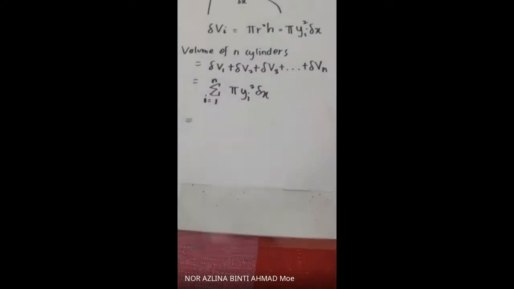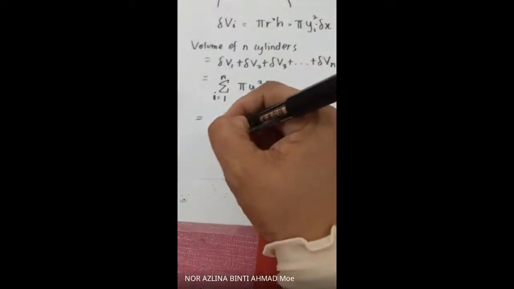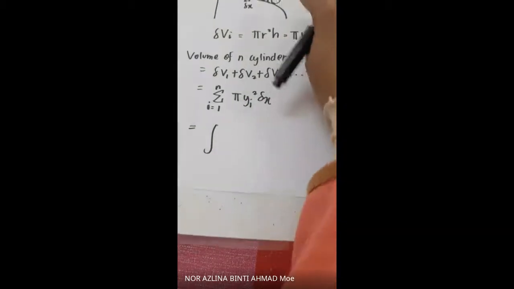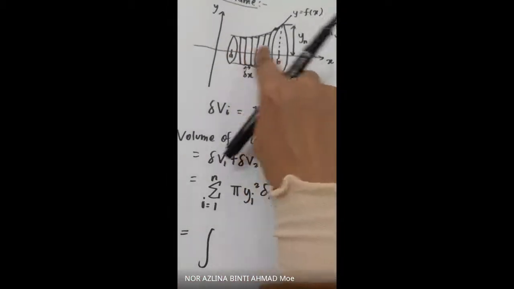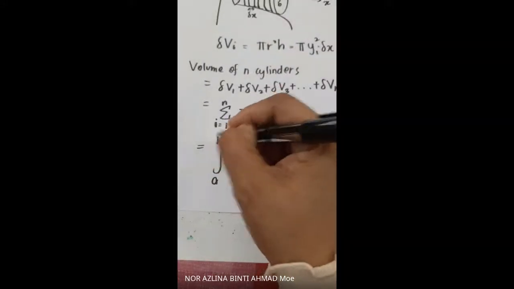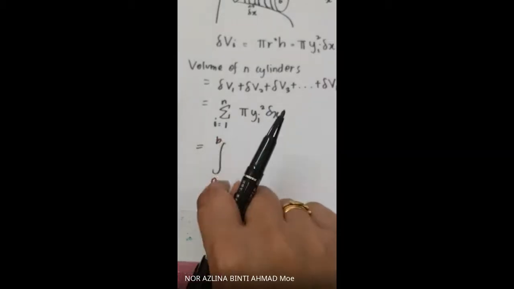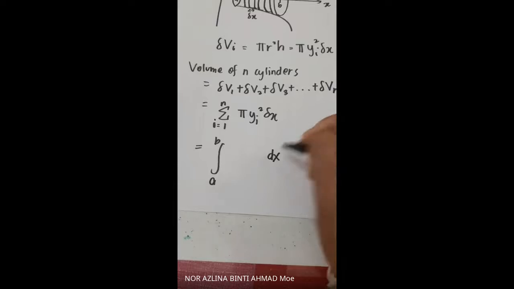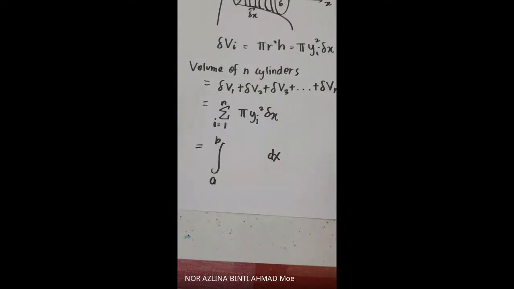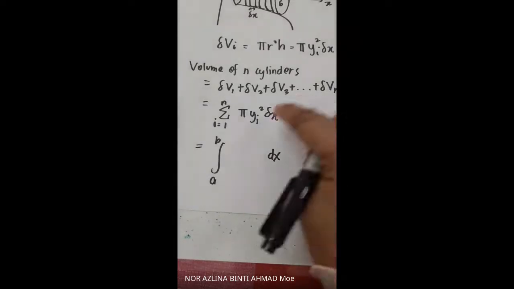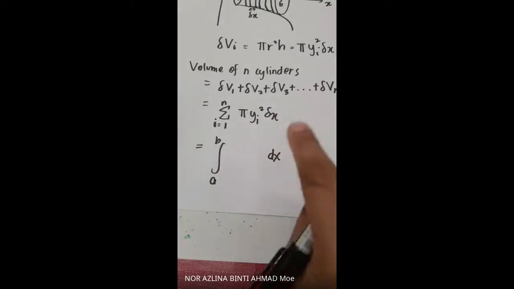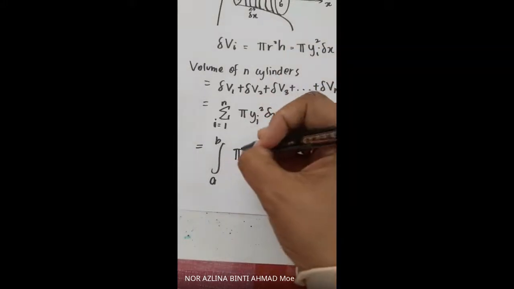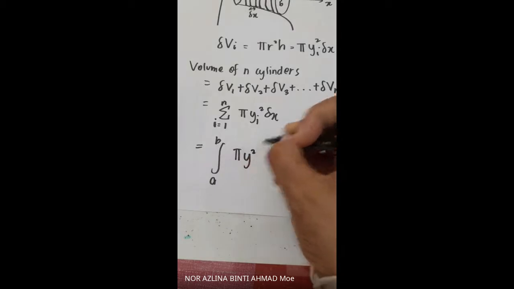And this summation, you can form integration, integrate from a to b, and this is x exists, so must dx, delta x dx, and here is pi y squared.